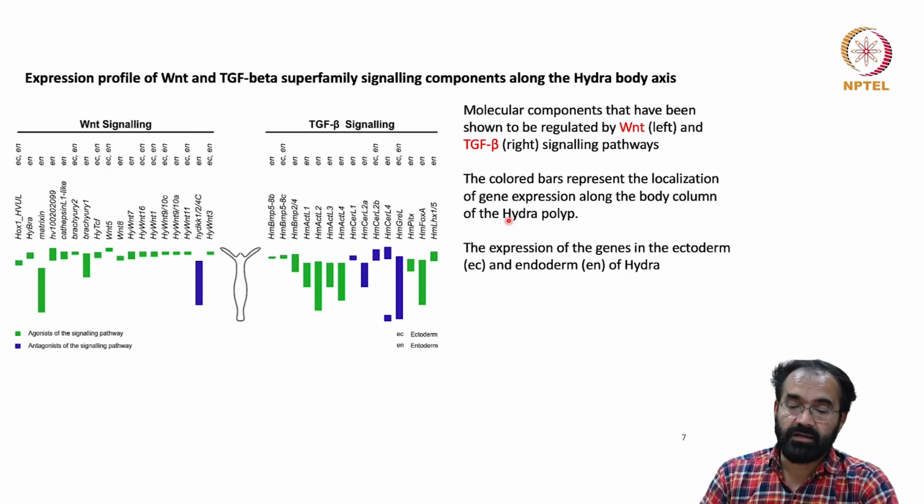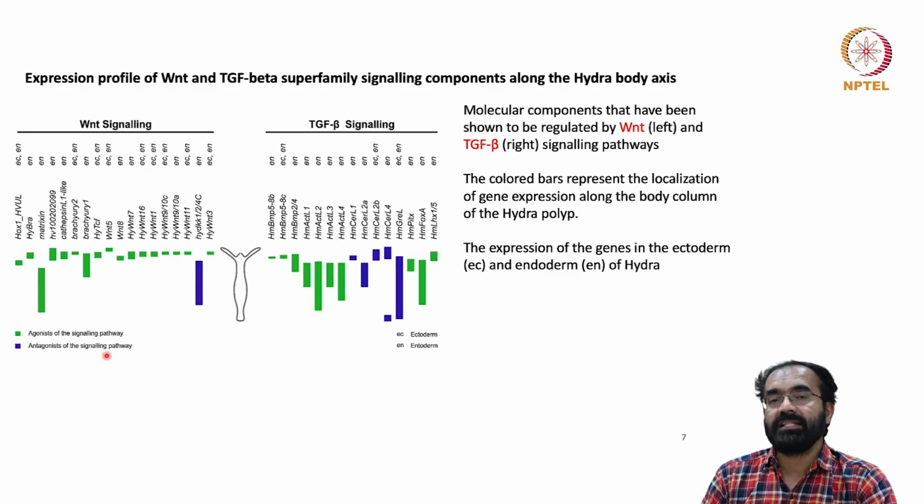There's a cartoon of Hydra, and if a bar is shown up to here, that means it is expressed up to here, and if it is shown only in this narrow window, it is expressed only here. Green basically means agonist of the signaling pathway, blue means antagonist.